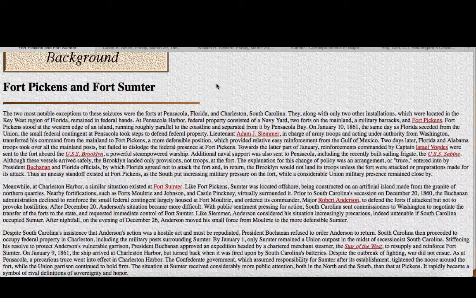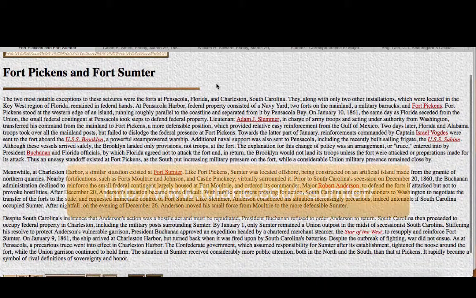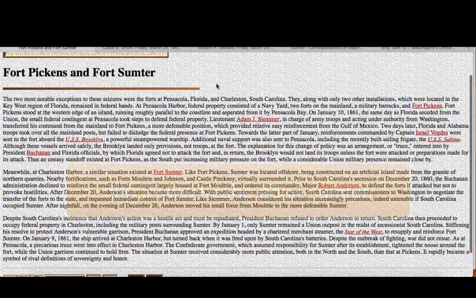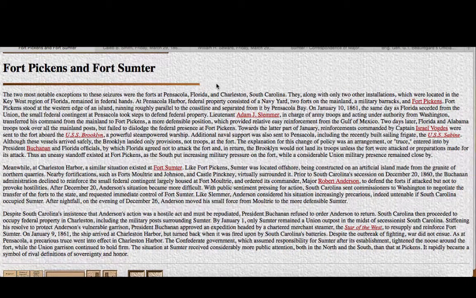Now, what you can do to have your students start investigating for themselves and finding out information, one thing you can do is go to this website. There's a lot of information here. There's even a lesson plan that's available here. But what we're going to do is look at some of the information. This first page here gives a summary, an overview of the situation at Fort Sumter.